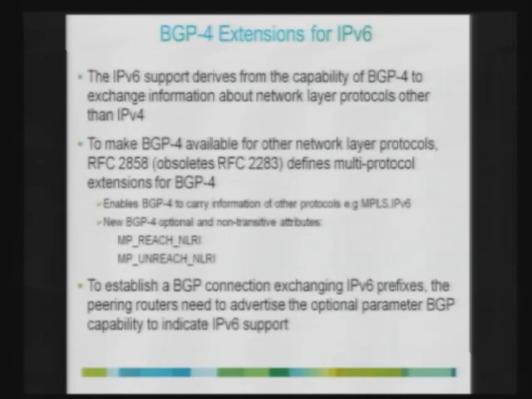And the two key non-transitive attributes defined to support IPv6 are multi-protocol reachability NLRI, network layer reachability information, and multi-protocol unreachability NLRI. And there is an address format identifier which will identify it as corresponding to an IPv6 address.